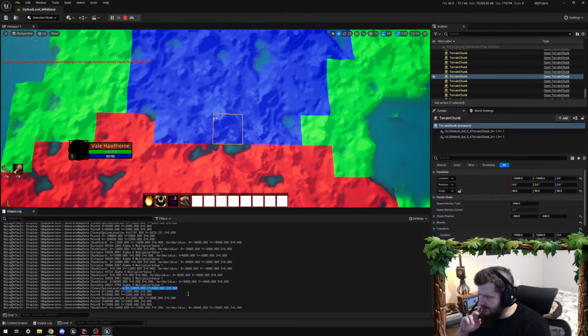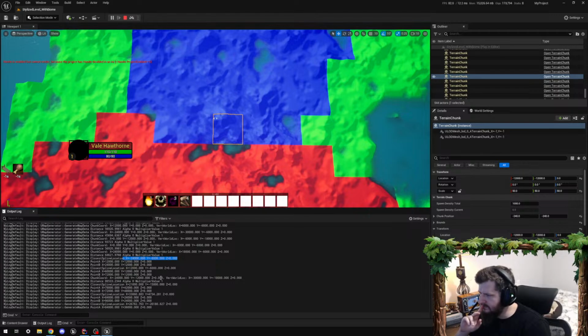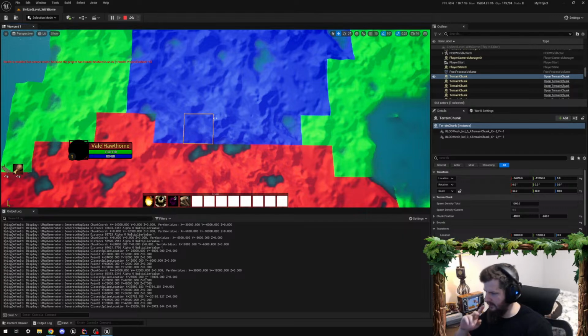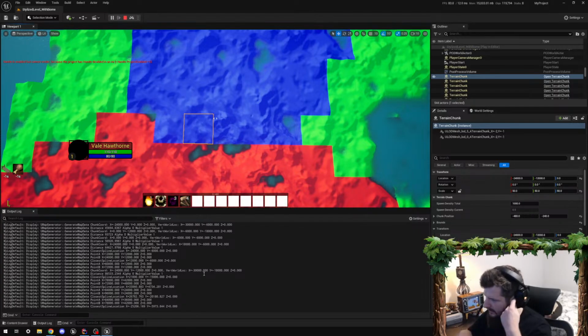Let's look for another one. Closest spline. Okay, so here's the start of another one. Negative 24,000, negative 6,000, and this would be for chunk... Oh no, wait a second. Chunk negative 24,000, negative 12,000. Okay, so for this chunk, that all looks good.